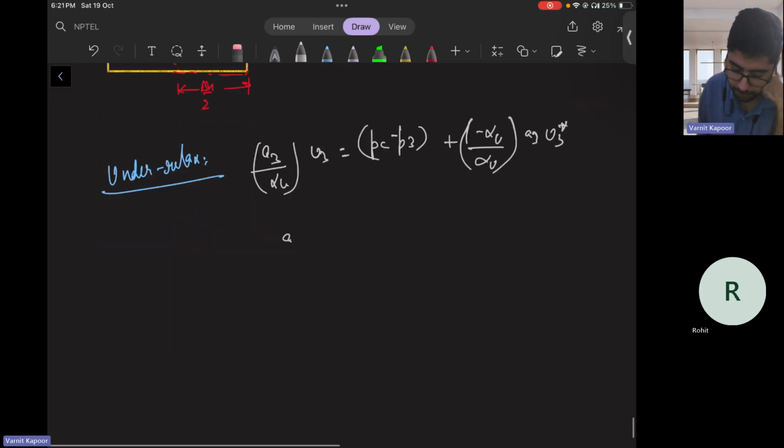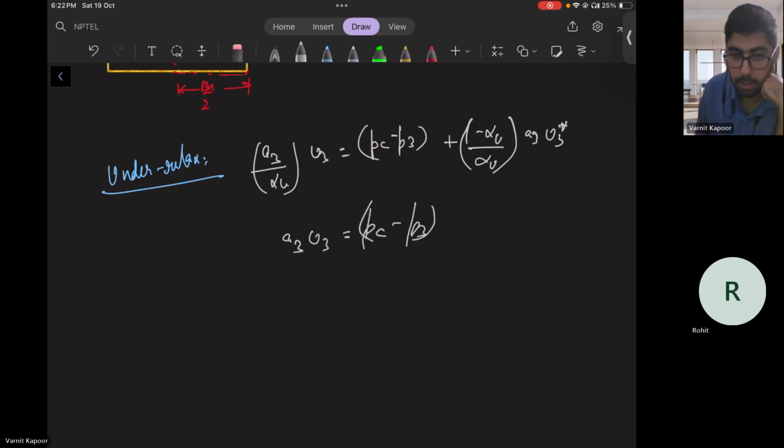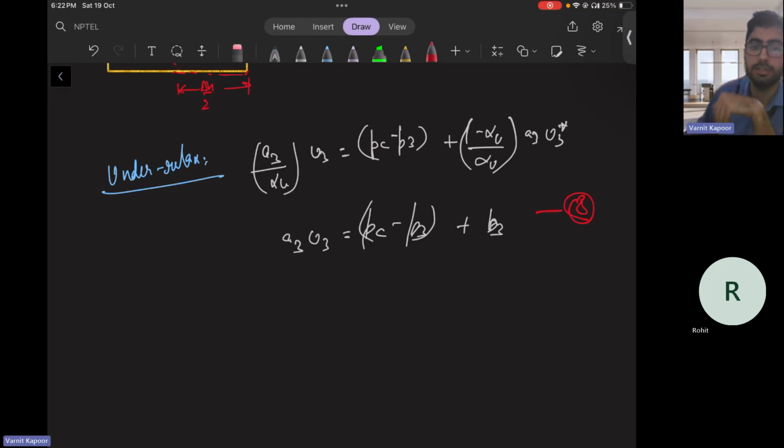So the equation will be A3 U3 is equal to PC minus P3 plus B3. So equation number 8. Okay. So this is your discrete momentum equation written for the half cell, basically centered about face 3.